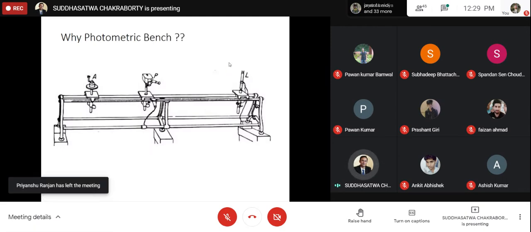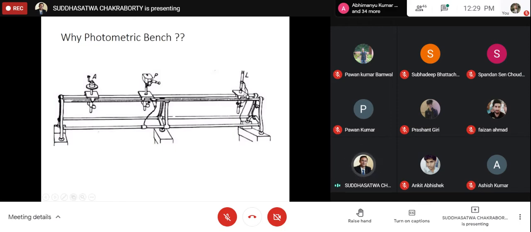While doing photometry related measurements, these photometric benches are very essential, because photometry based measurement needs an exact calculation of the distance. A few minutes back, I told you that we are going to measure the illuminance using a lux meter, but our objective is to measure the luminous intensity, and the relationship between intensity and illuminance involves distance squared.